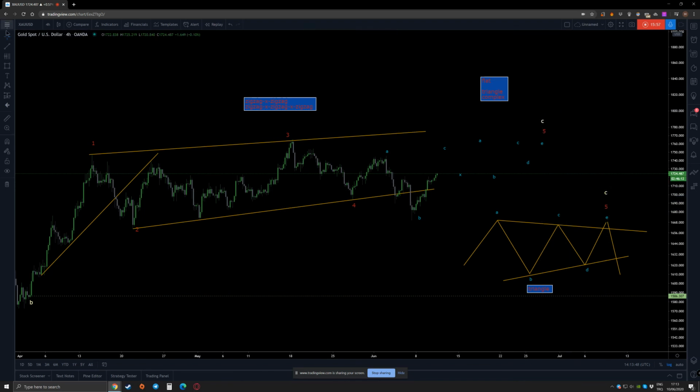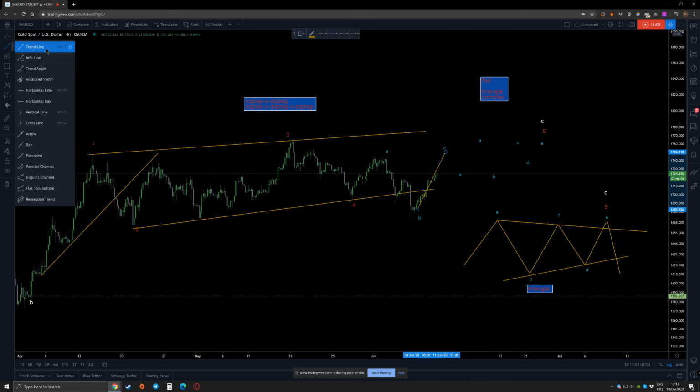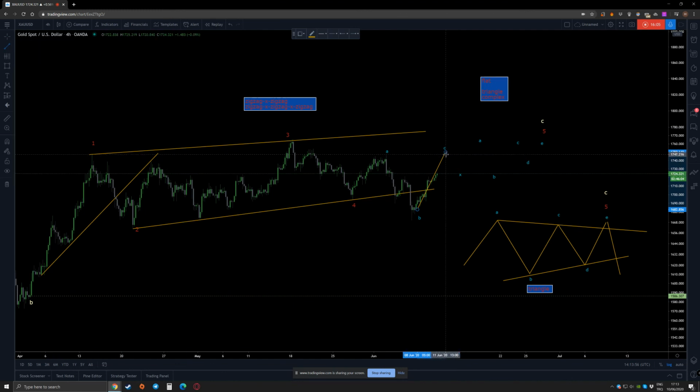If you want, let's do it like this. So we have a C wave, we have an X wave. These are the things we see all the time. X. If the market wants to take more of its time, of course it can do something like this. It can stay longer around here.